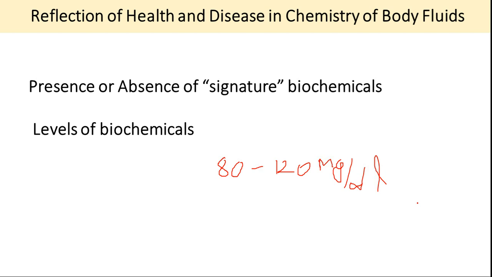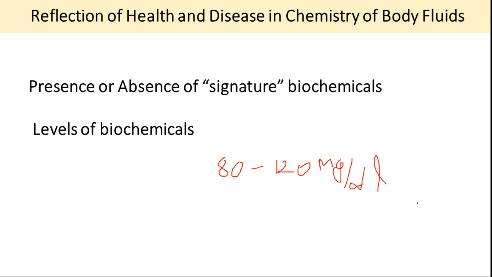The only thing that we see here is either presence or absence kind of analysis. The second thing is quantitative. To give you a simple example, right now corona infection is coming. So how is it diagnosed? The blood sample is taken and then they will look for an RNA which is a signature for a virus.